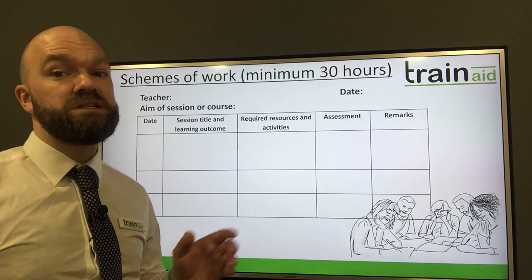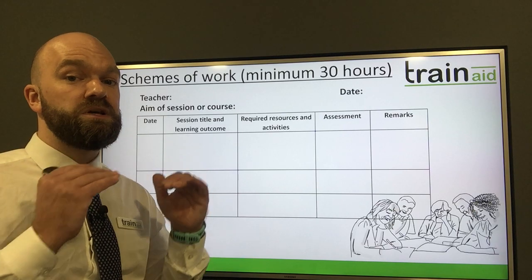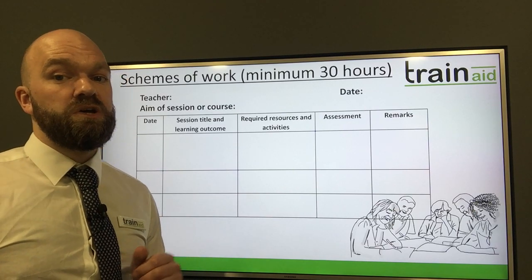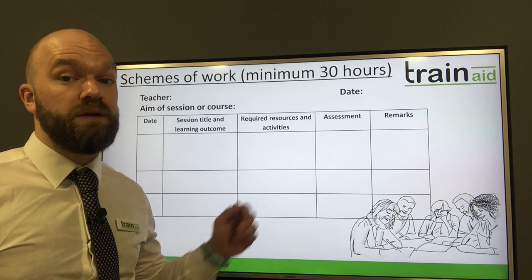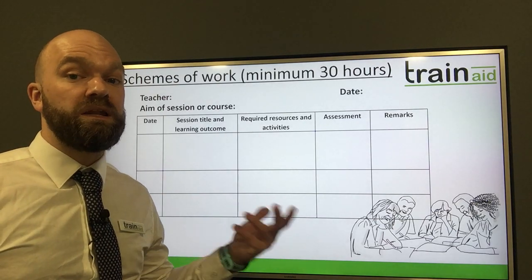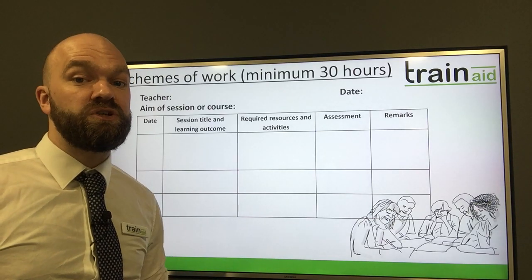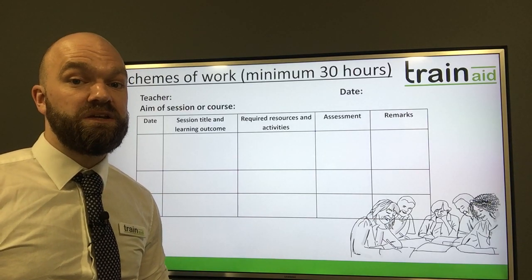The next section is the scheme of work. A scheme of work breaks down your syllabus into manageable chunks. It demonstrates the different weeks, you can even put months of your course, and it shows what activities and resources you are using within your teaching.